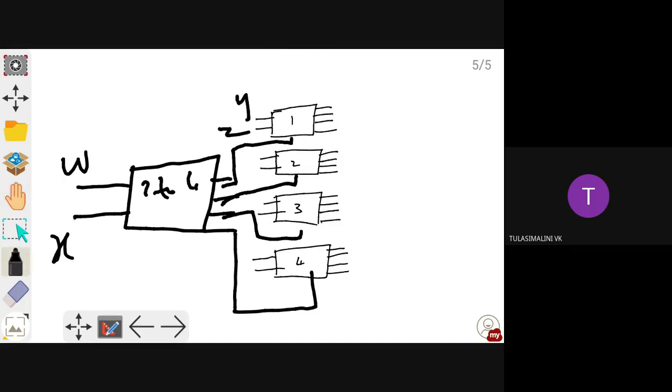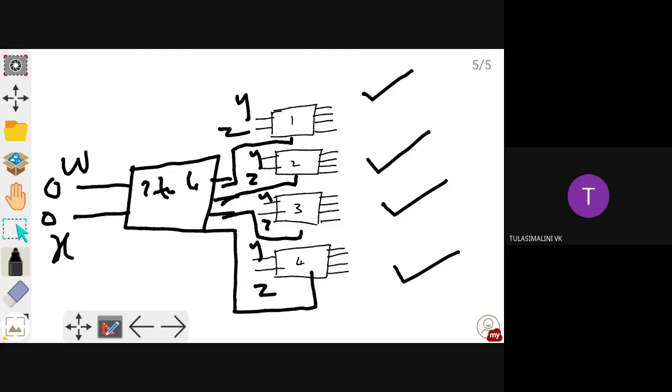So YZ, this is YZ, YZ and then YZ. If W and X is 0 0, the first decoder will be enabled. If W and X is 0 1, the second decoder will be enabled. If W and X is 1 0, the third decoder will be enabled, and if W and X is 1 1, the fourth decoder will be enabled.